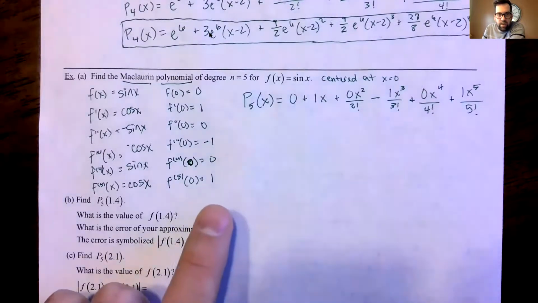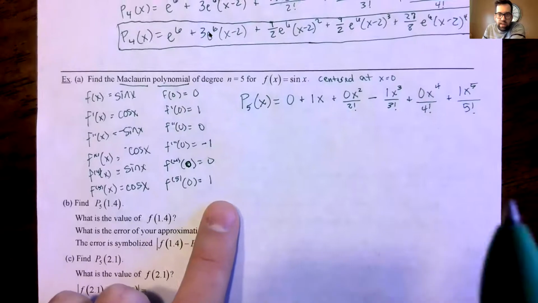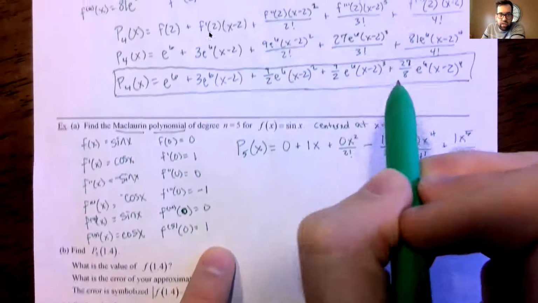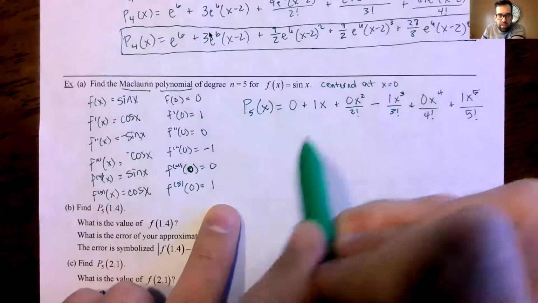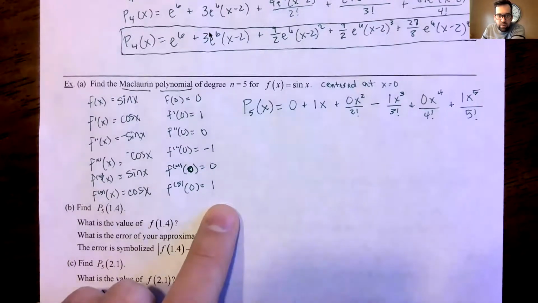Okay? So once we get better at this, just like I did this time, we don't actually have to write out the formula every single time if we can kind of plug in the derivatives as we go.